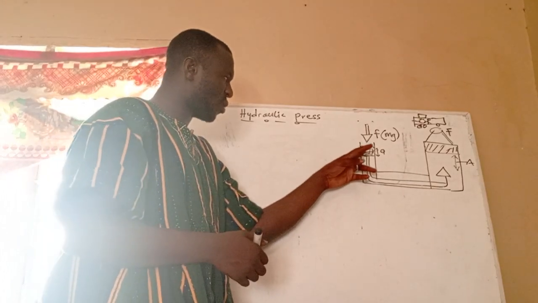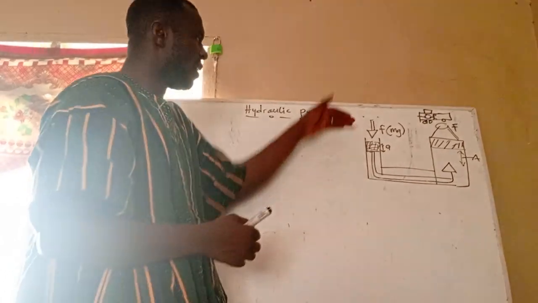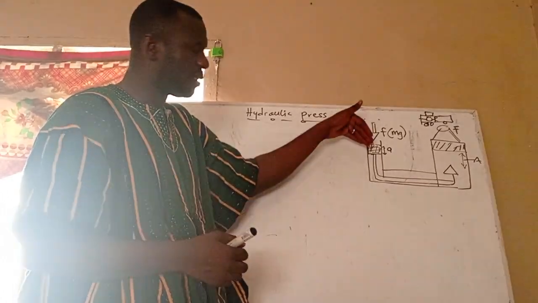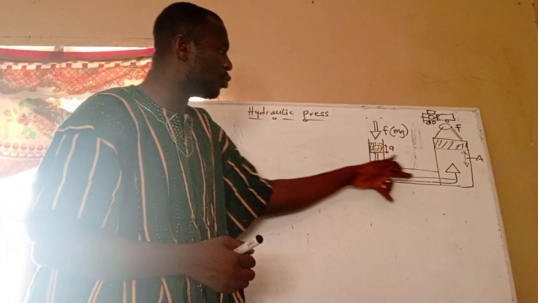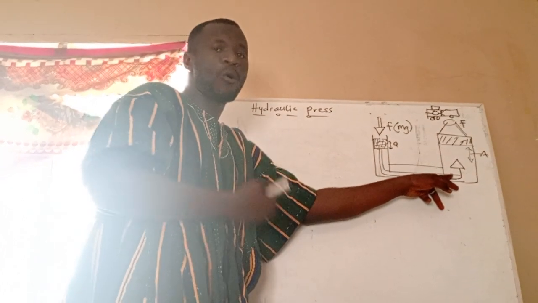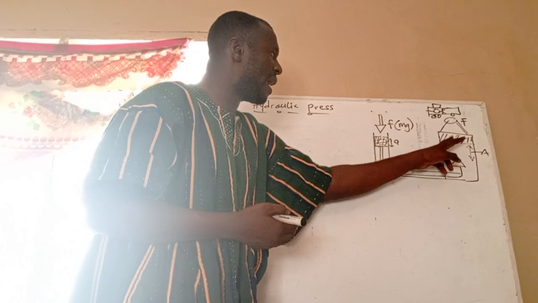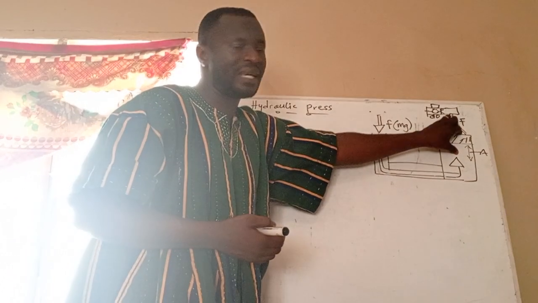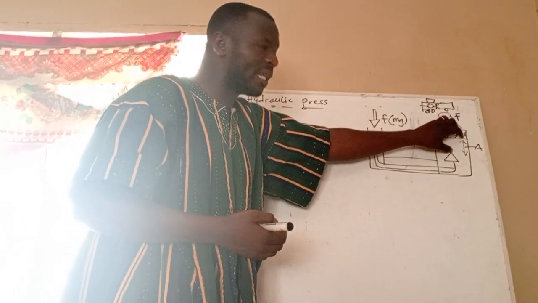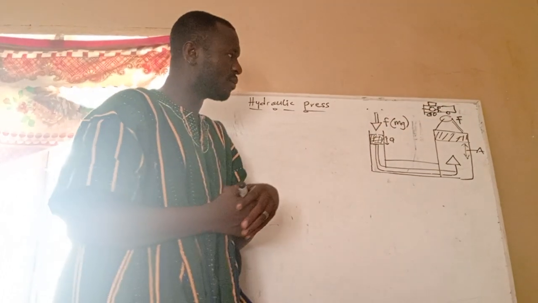Within the hydraulic press, we have a cylinder with pistons, and the force applied within this cylinder will cause the fluid to move into this tube, which will generate a high force, and that force will enable the car within this master cylinder, with the presence of the pistons, to be raised.